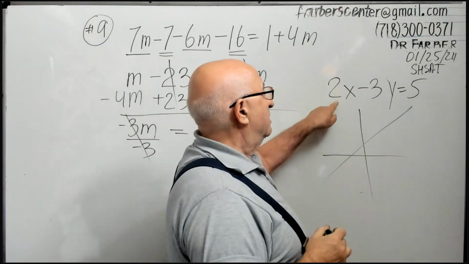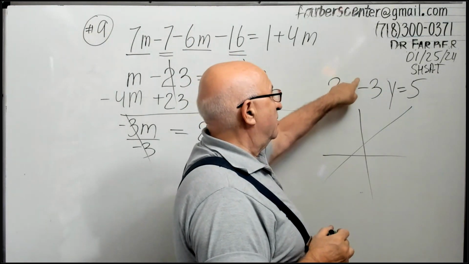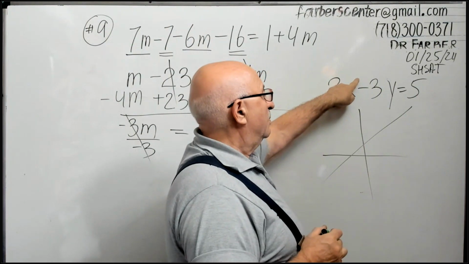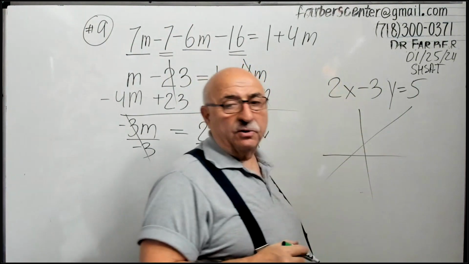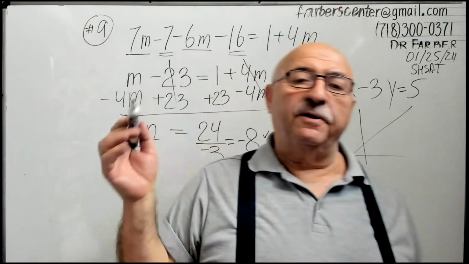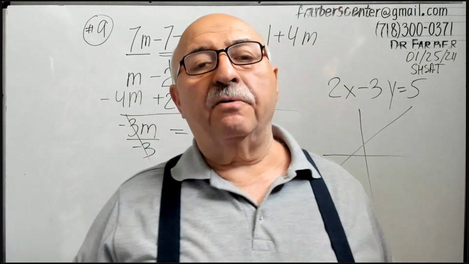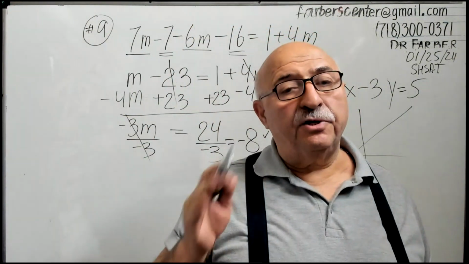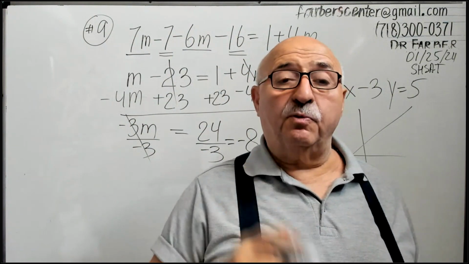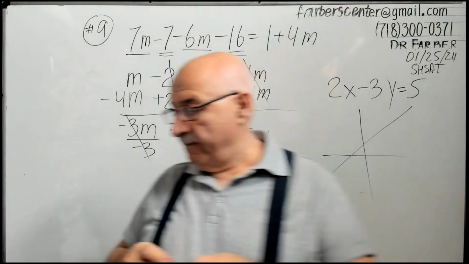So when x is to the first power, this is a linear equation, because it's a line. We study quadratic with parabola, etc. Linear is the simplest equation, but very important, because it's the foundation of everything.